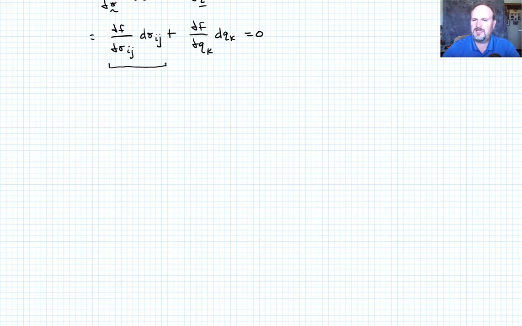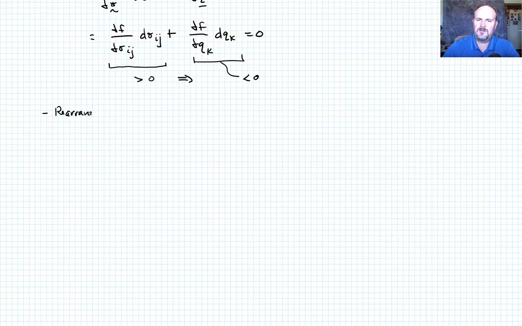During yielding, we said this quantity must be greater than 0, which then implies that the partial of f with respect to the internal variables times the increment in internal variables must be less than 0, or else we can't get to 0 there.